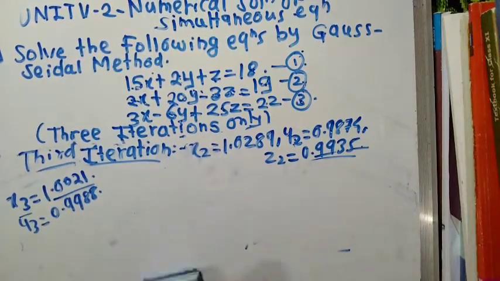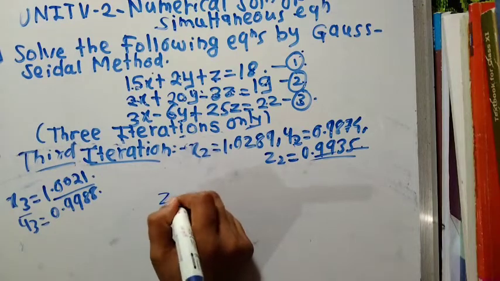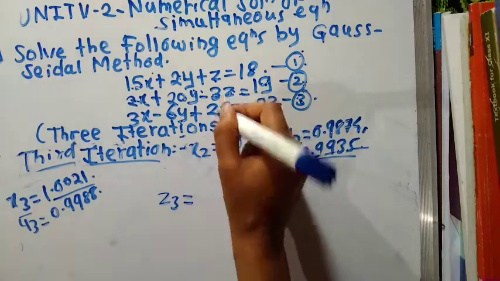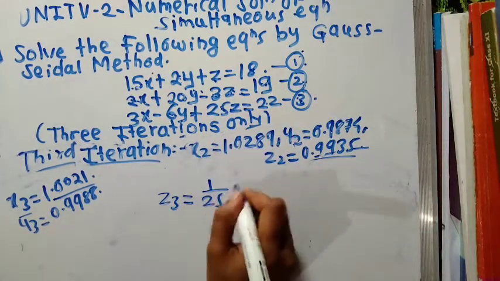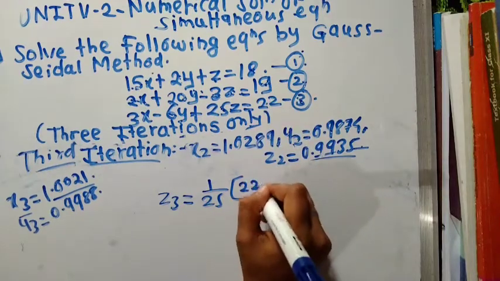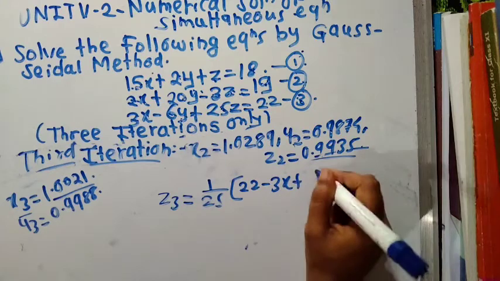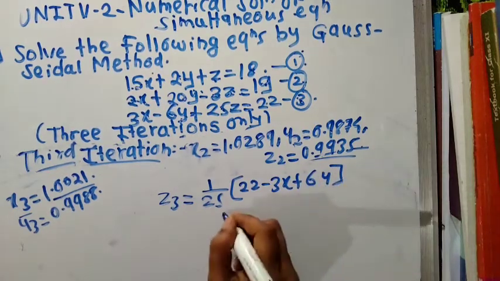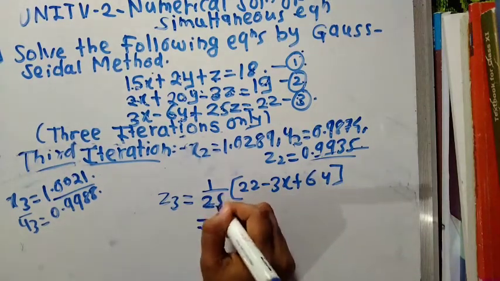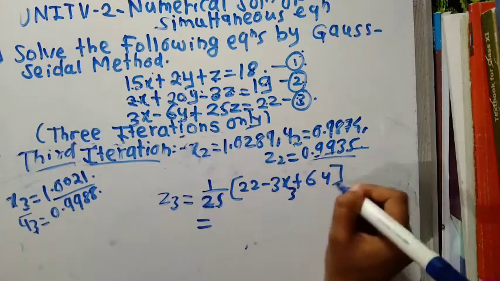Then find out z3. So z3 from equation third, 1 divided by 25, 22 minus 3x plus 6y, and here we find out x3 and y3.